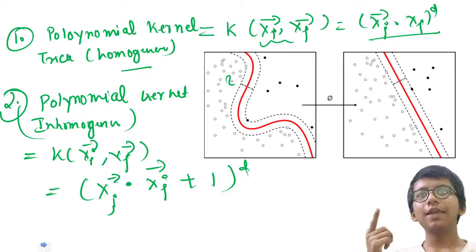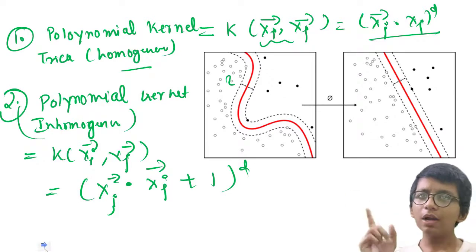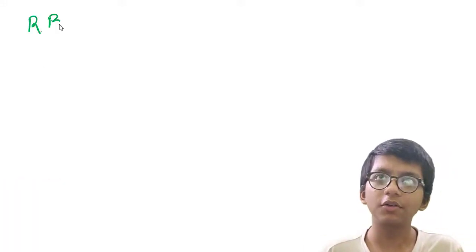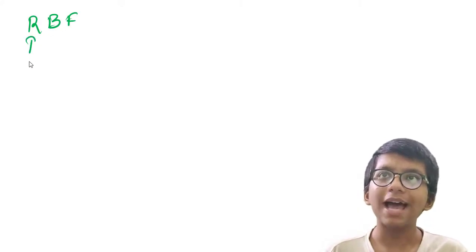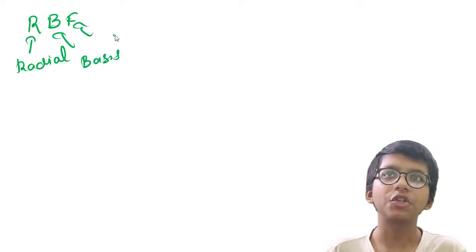So we have talked about the polynomial kernel and homogeneous. But one more kernel that is widely used is called the RBF kernel, or Gaussian kernel, where RBF stands for radial basis function.